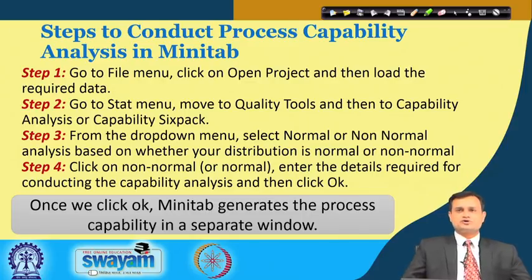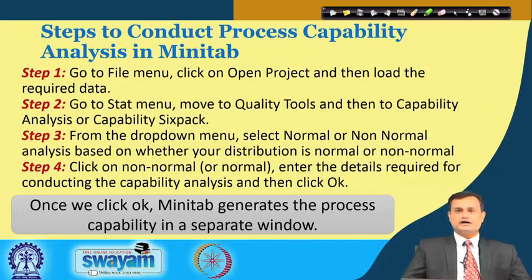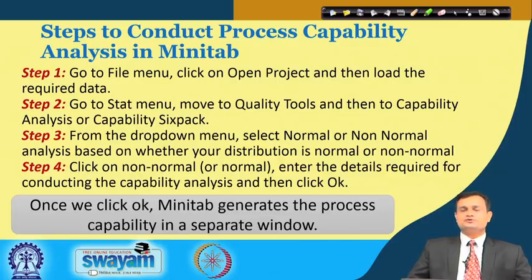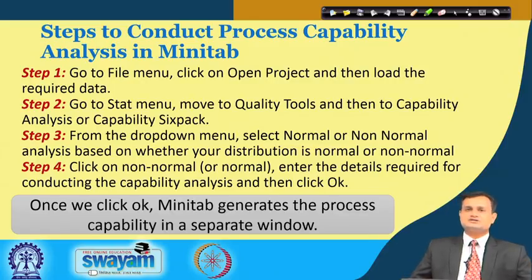So, the steps go like this. Step 1, go to the file menu, click on open project and then load the required data. You may have data in an Excel sheet; you can import the Excel sheet or just copy paste the data into the new project file. Step 2, go to the start menu, move to quality tools and then capability analysis or capability 6-pack.